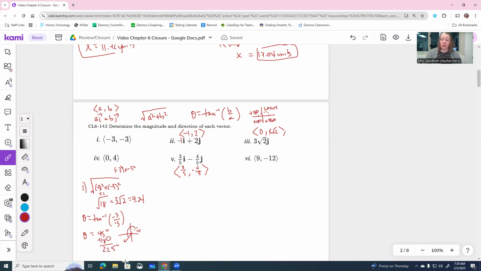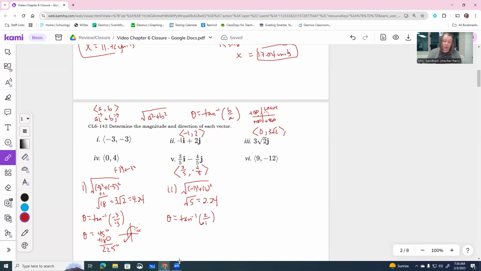All right, so then for the second one, when I go to find the magnitude, it's the square root of -1 squared plus 2 squared. So that's 1 plus 4 is the square root of 5. The square root of 5 is the same as 2.24. And then when I go to get my angle, it's the inverse tangent of b, which is 2 over -1.